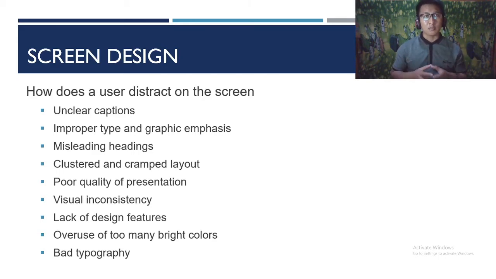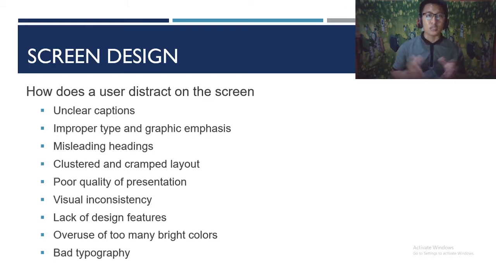So we should consider having a typography which is more professional and simple, so that when the users look at your screen, there is nothing else distracting from what they have seen. As they look at your typography, they can easily read and understand.